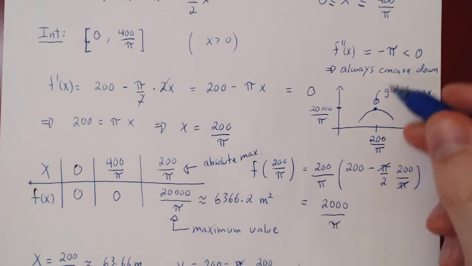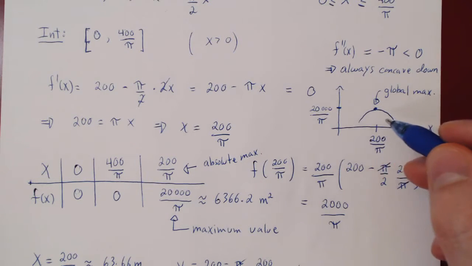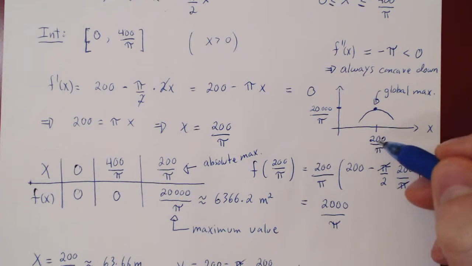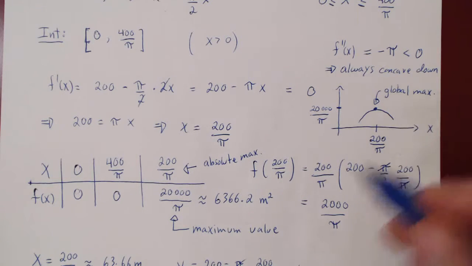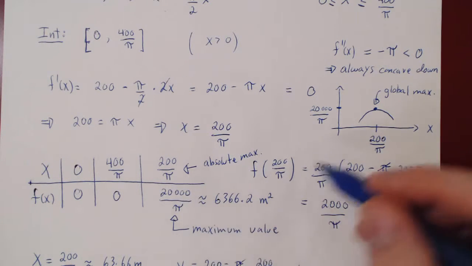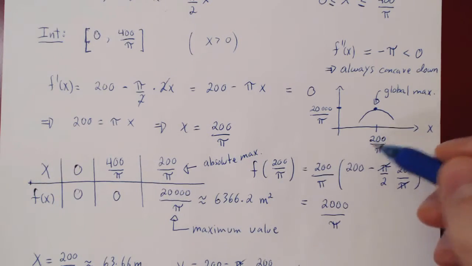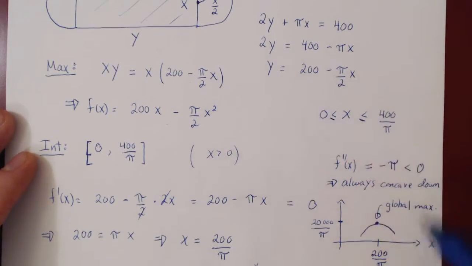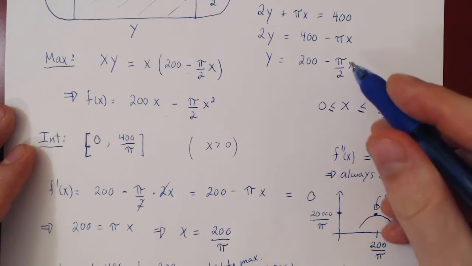And you see that you have a rough sketch of the graph of the function, and you still have found that this value of x gives you the maximum possible value of the function, and then again you can solve for the y value, going back to this equality, replacing x by 200 over pi.